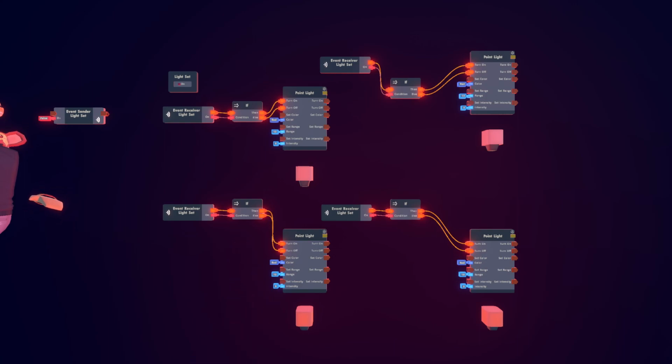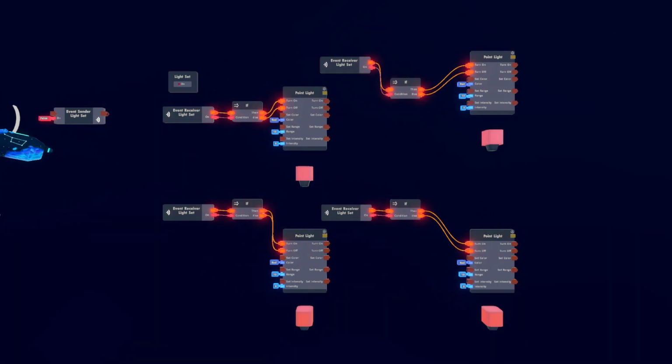So that will create more network heat than it was before. It is doing networking, but instead of having to do the networking on every single light, you're just doing it once here. So you could have 2 lights or 100 lights, but your network heat would be the same because it's just the one little event sender here.